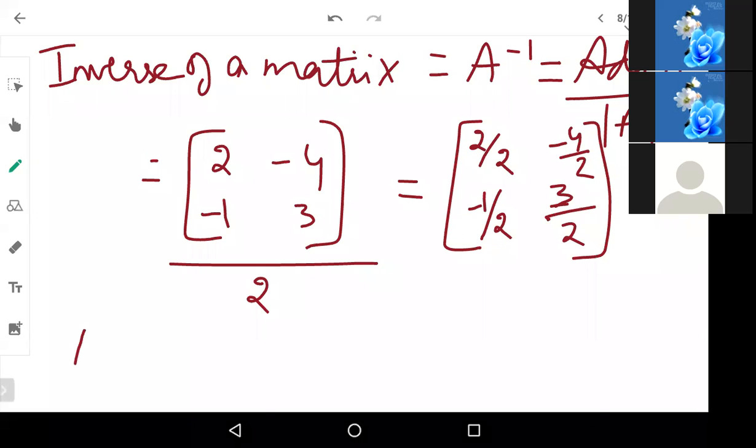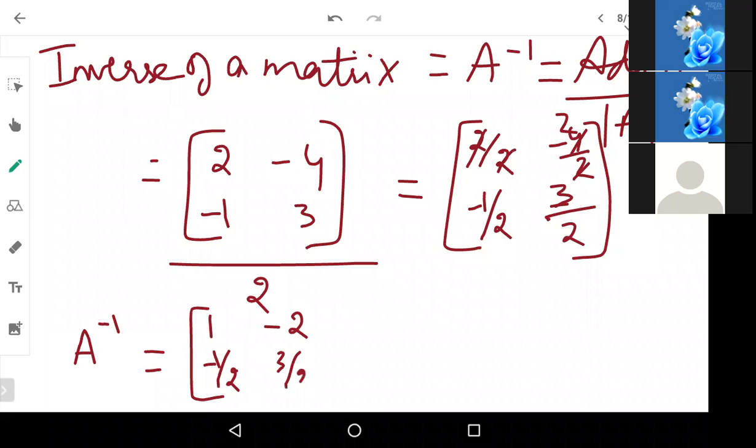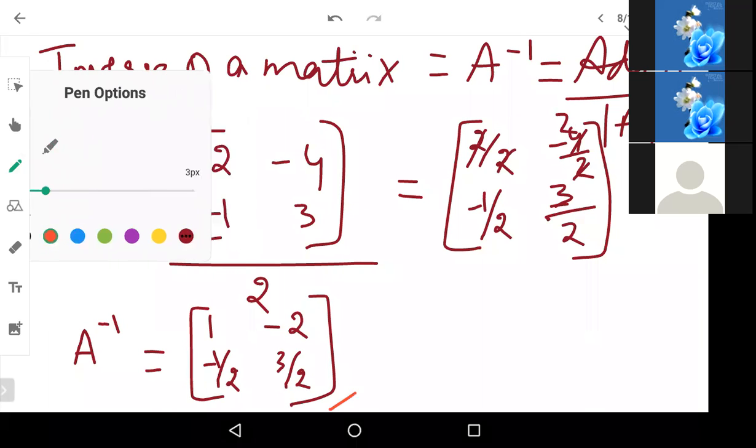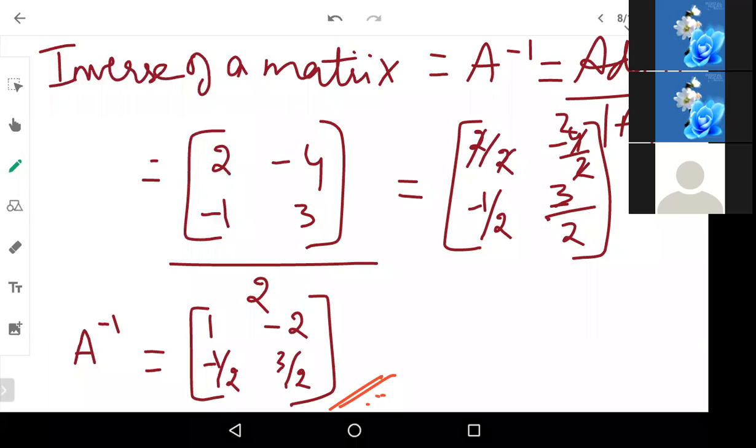So, A inverse is equal to 2 ones are 2 ones are, so 1 will be the answer. 2 twos are minus 2. So, here minus 1 by 2 will remain as it is, and 3 by 2 also will remain as it is. So, this is the final answer of inverse of a matrix.